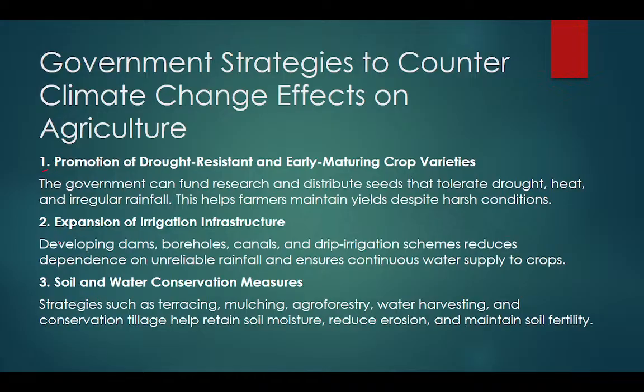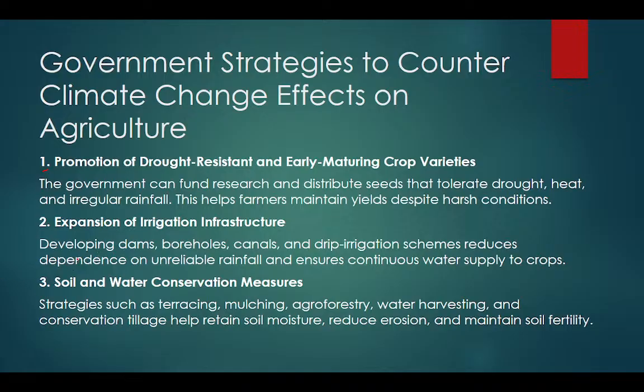Now, second is expansion of irrigation infrastructure. Developing dams, boreholes, canals, and drip irrigation schemes reduces dependence on unreliable rainfall and ensures continuous water supply to crops.